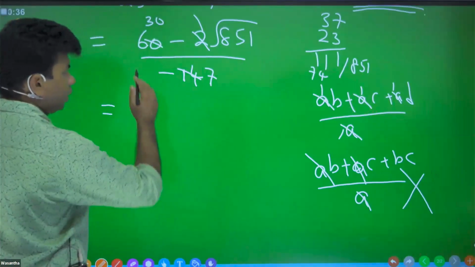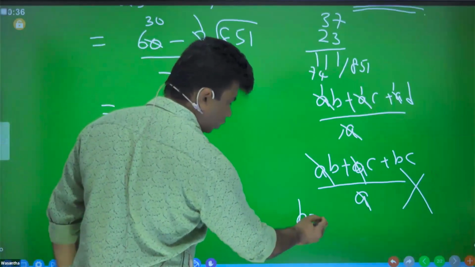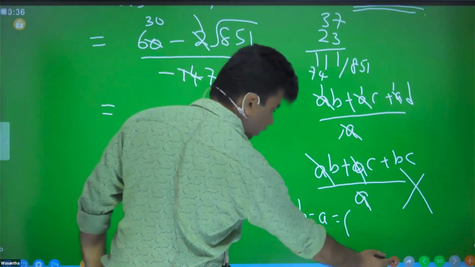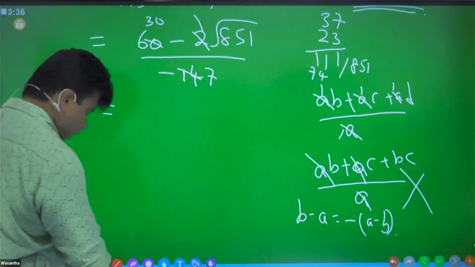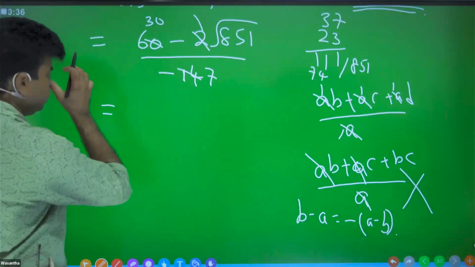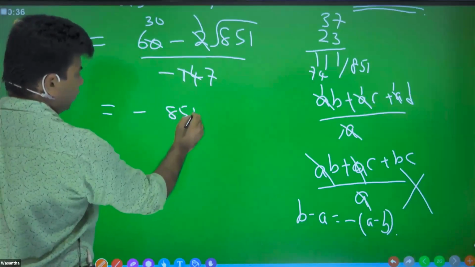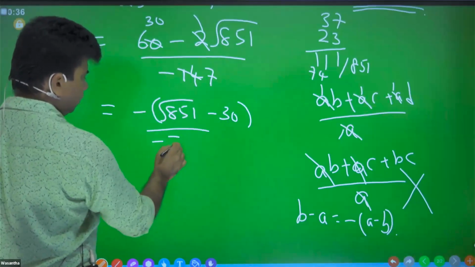Okay, so that means you can see that here. The other important thing I told: B minus A means minus into A minus B. So therefore, we can write here minus comes out, then root 851 minus 30 divided by minus 7.